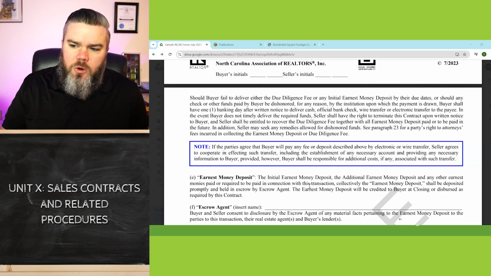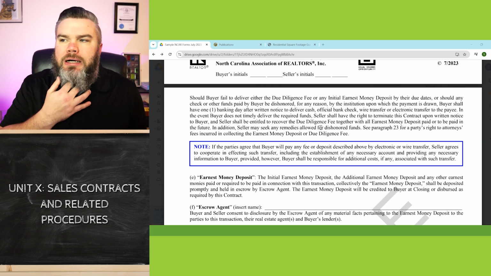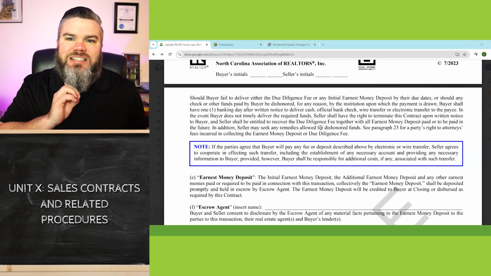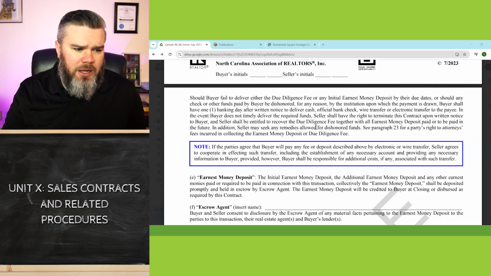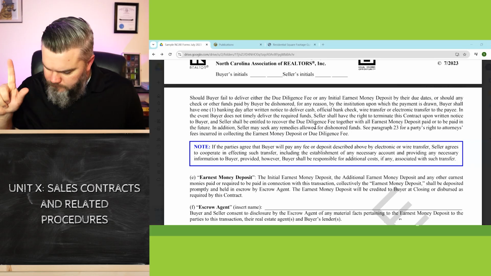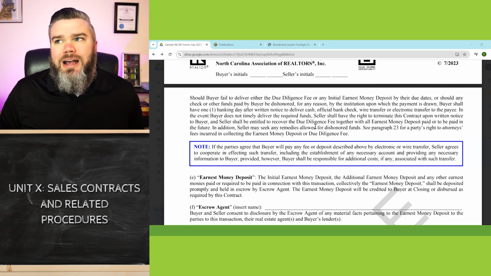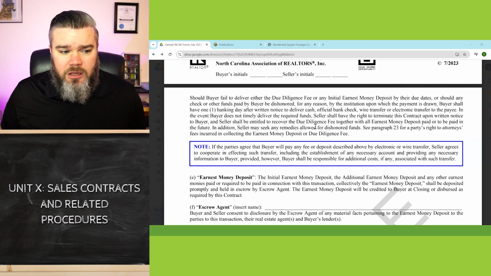So I'm going to go a little out of order here. I'm not going to read everything to you because I only want to focus on the most testable aspects and, of course, build up to some of the more difficult pieces here. Beverly says, due diligence funds are non-refundable. Let me make something clear here. As long as the buyer closes on the property, they get to keep both the due diligence and the earnest money.